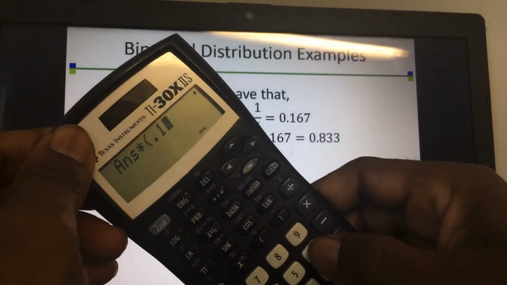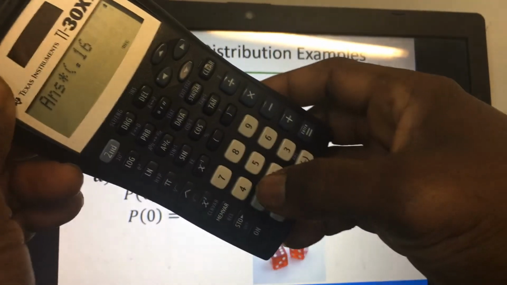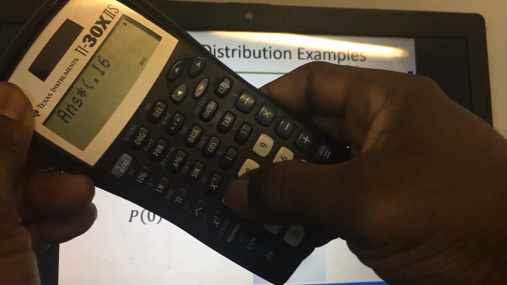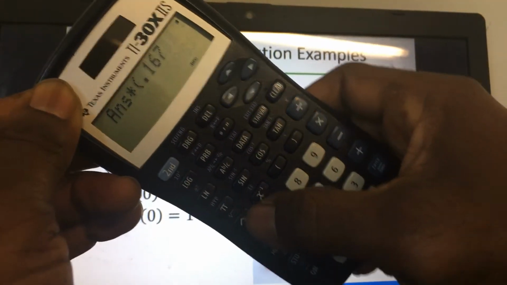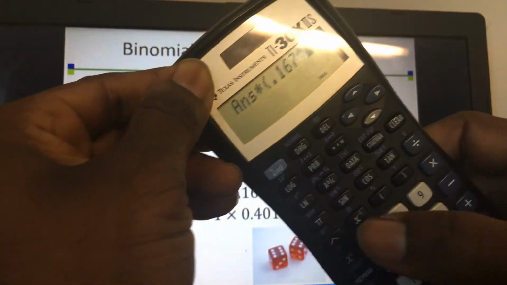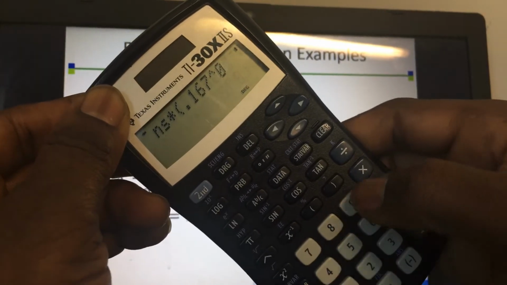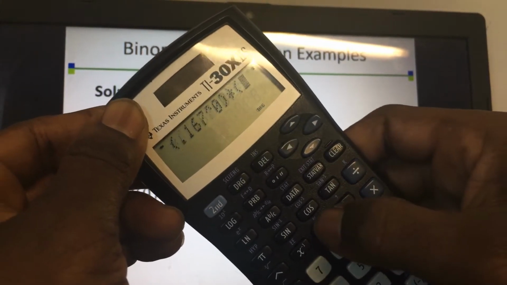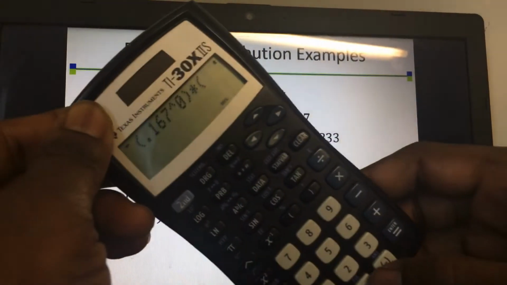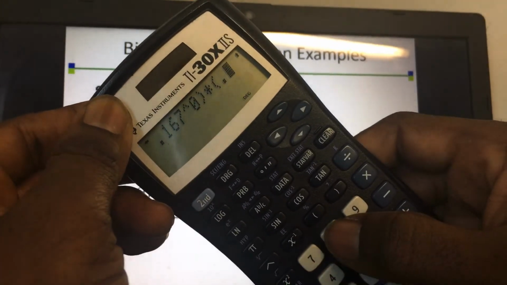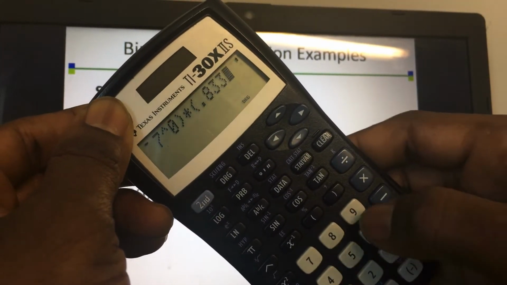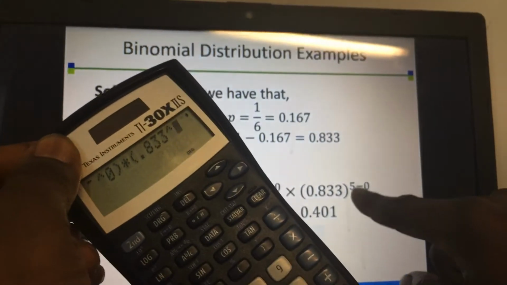0.167 raised to the power 0. Close it. Then times 0.833 raised to the power 5 minus 0, which is 5.